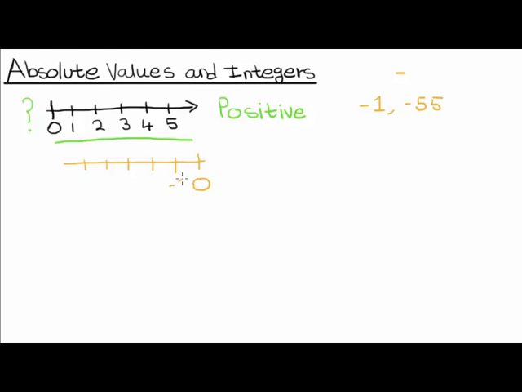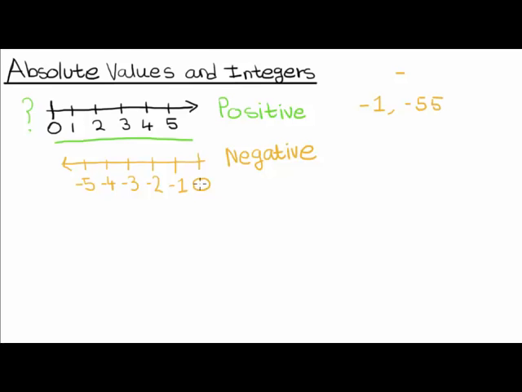So this one right here will be -1. This one will be -2. This one will be -3. This one will be -4. And this one will be -5. And then it keeps on going in the same way forever. And so these right here are the negatives.